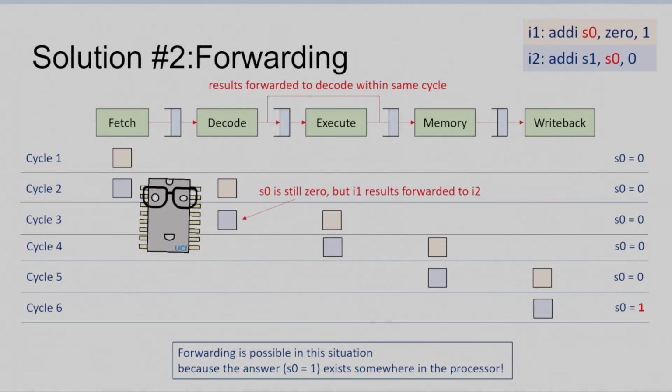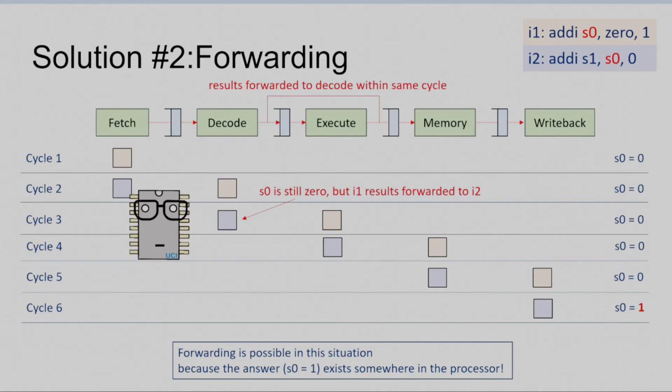In that case, we have to stall until cycle 4, when that answer becomes available at the end of the execute stage. And once it is available, it is possible for us as designers to add a forwarding path from that stage to the decode stage, so that we can reduce the pipeline stalls as much as possible.